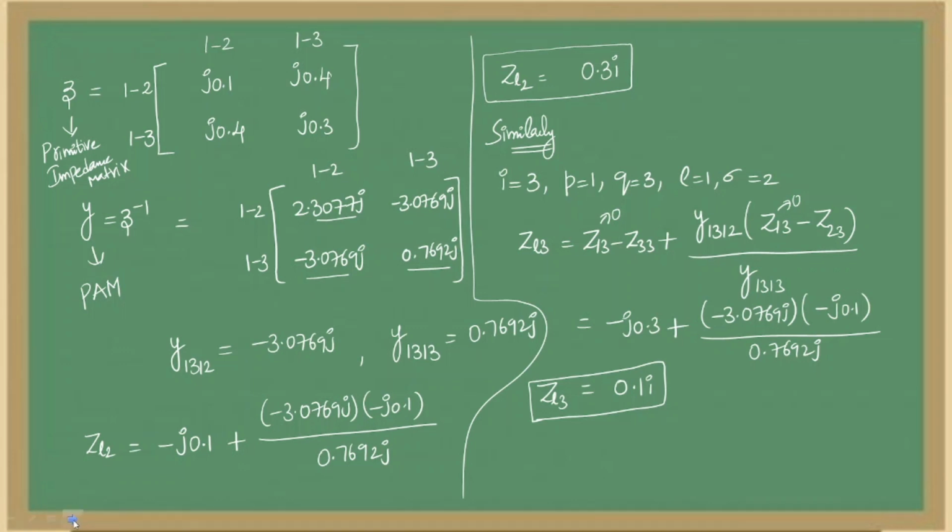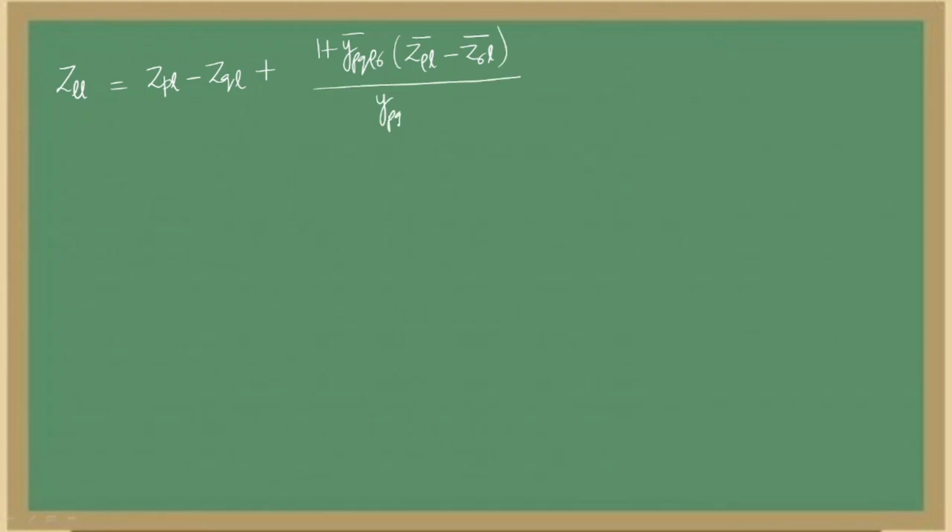So what is the mathematical expression for the diagonal element? ZLL is equal to ZPL minus ZQL plus 1 plus YPQ rho sigma bar multiplied with Z rho L bar minus Z sigma L bar, total divided with YPQ PQ. Okay.